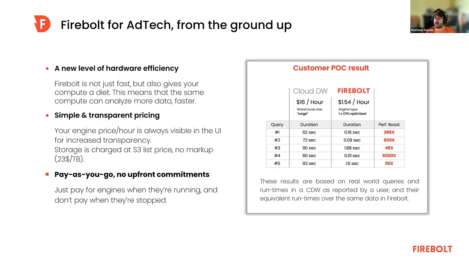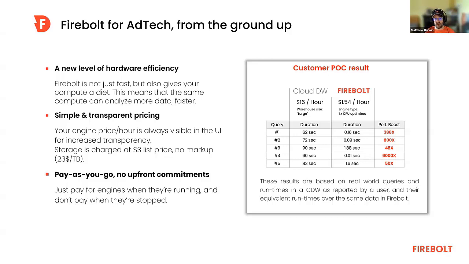If you have it running for 1 minute, you pay for 1 minute. And then storage is charged at the S3 list price, which is $23 per terabyte per month. So it's very small scale in terms of the cost footprint within Firebolt, and you don't have to worry about how much data you're storing and having particularly preventative charges there. And then it's pay as you go, so there are no upfront commitments with Firebolt.